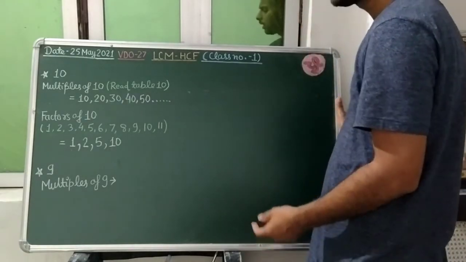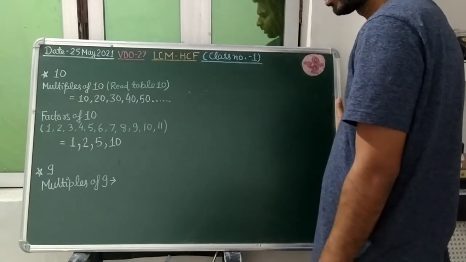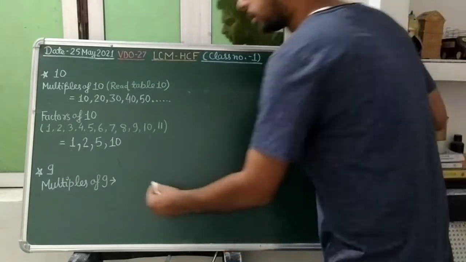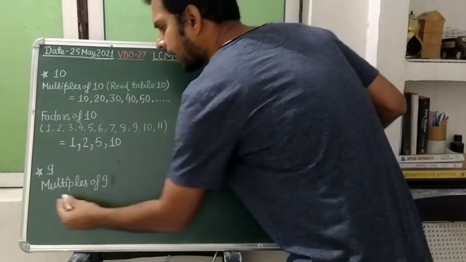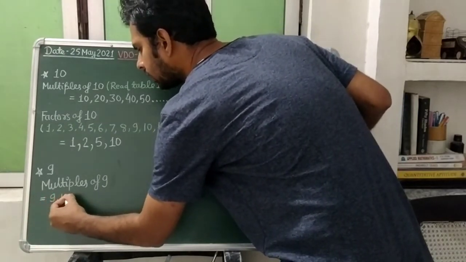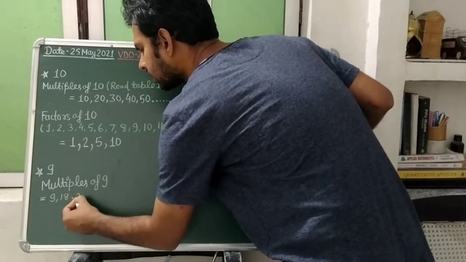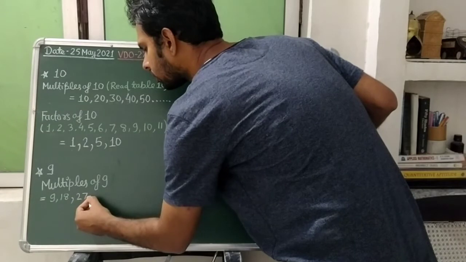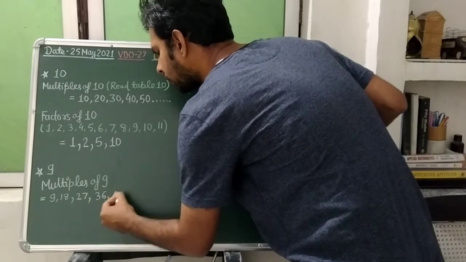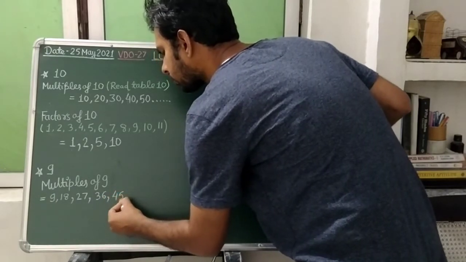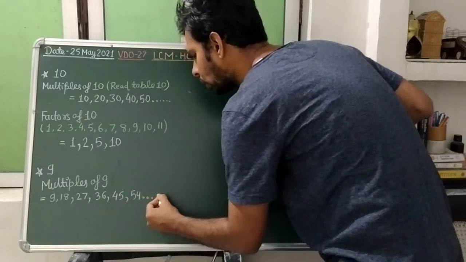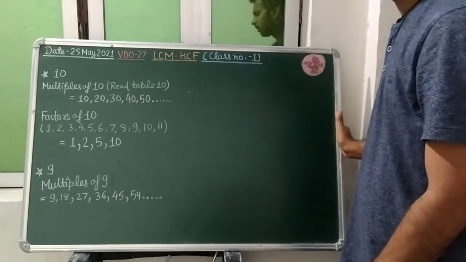I will read out the table of 9. Meaning, students, multiples of 9 will be 9 ones are 9, 9 twos are 18, 9 threes are 27, 9 fours are 36, 9 fives are 45, 9 sixes are 54. So it will go on, and multiples of any number will be unlimited.